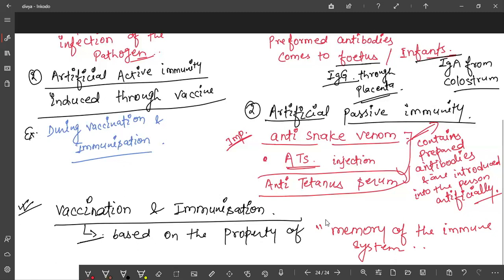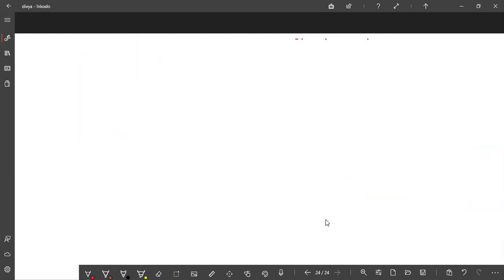In your childhood you have taken a vaccine, but still till now it is working. What is the mechanism behind this process? So we will study about this vaccination program. Sometimes this question is asked in board examination also under 3 marks. So this is the mechanism of vaccination.